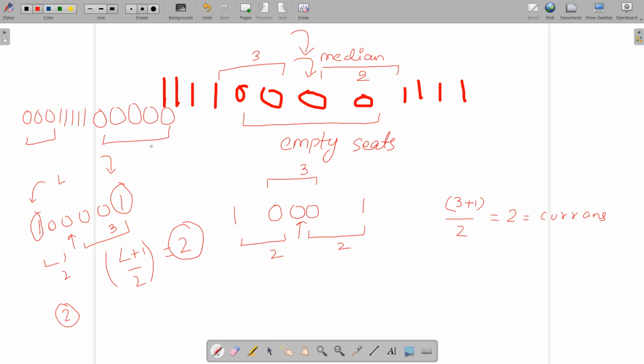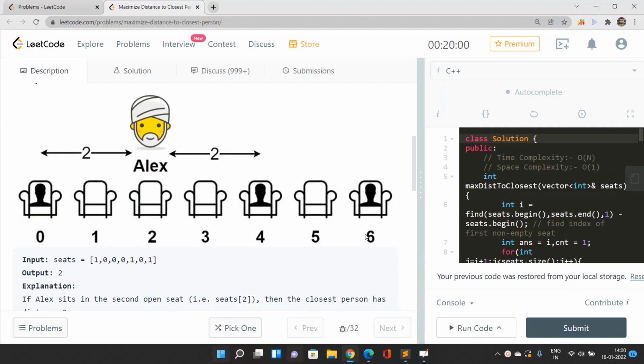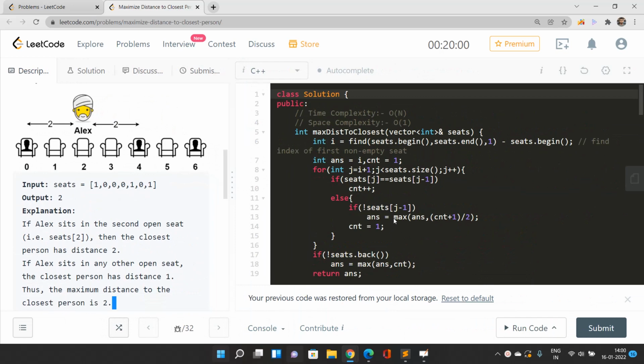In that case you just pick out the length of this segment, which will be your answer, because the person will always be sitting at the extreme position, like at this one or at this one. So the problem boils down to a very simple case. So let's look at the code and how this can be efficiently done.